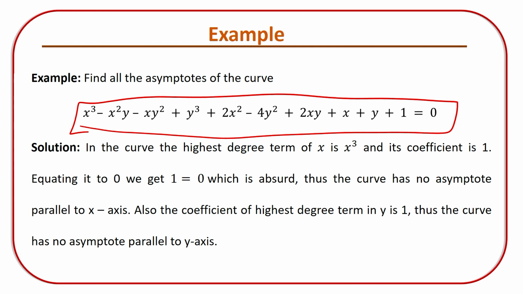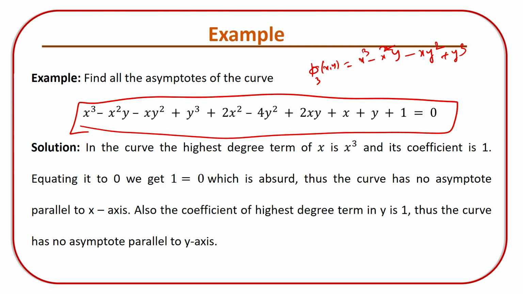Here the highest degree of the terms in the function is 3. So, what I have to do? I have to put phi 3 (x, y), and this will be x cube minus x square y minus xy square plus y cube. These are all the terms we have here, right.